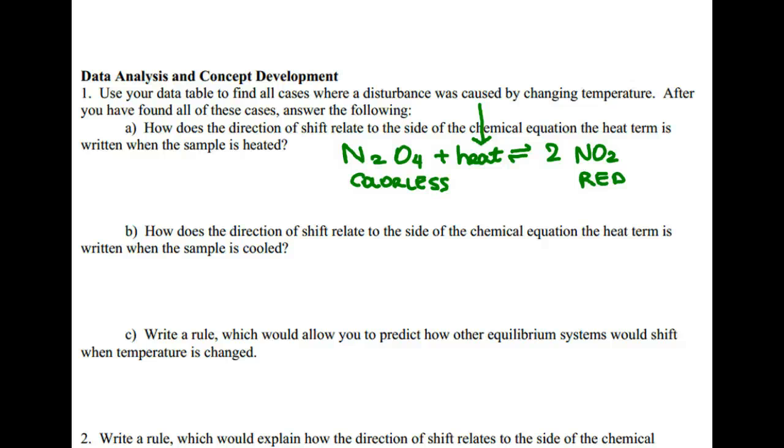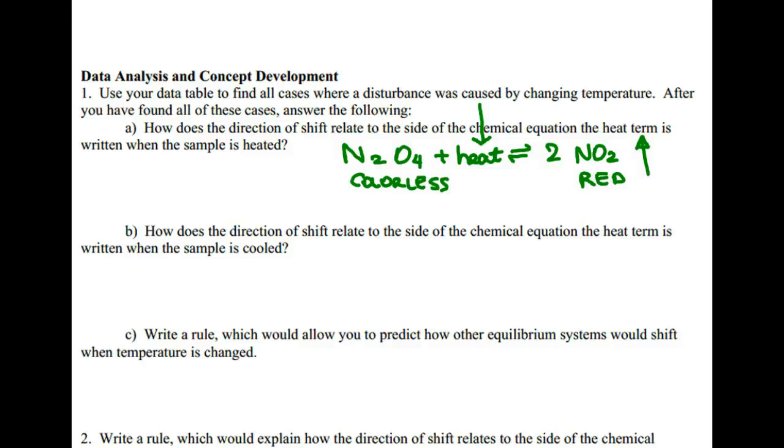So the reaction would want to proceed to the right, so that way it can come back into balance. And in your experiment, you should have noticed that when you did heat N2O4, which was colorless, it did end up getting red. And that was what the demo was at the beginning of the lab.